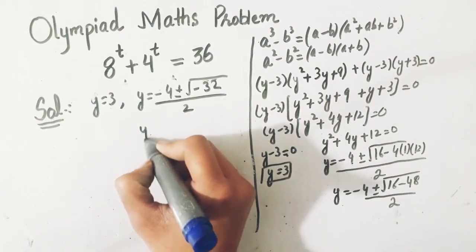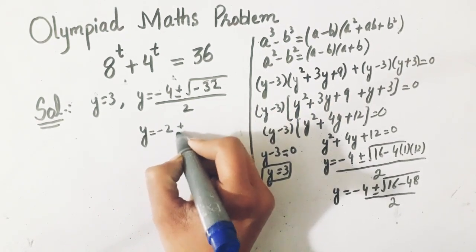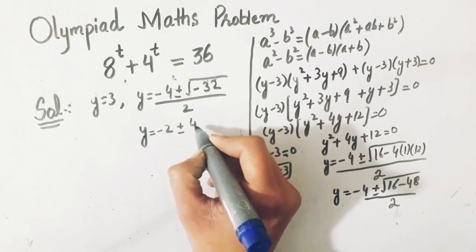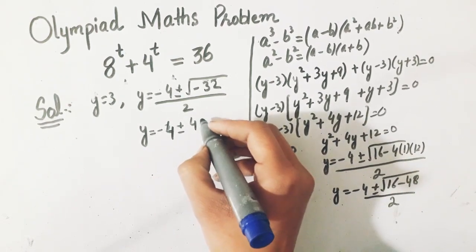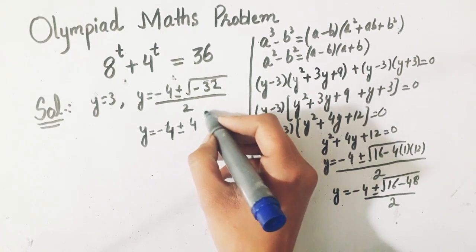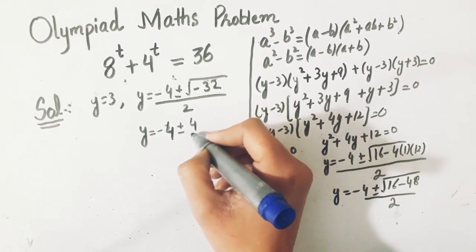So we have minus 4 plus minus, it will be 8 fours are 32.